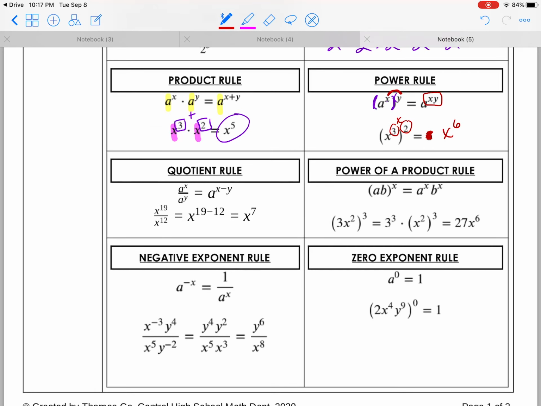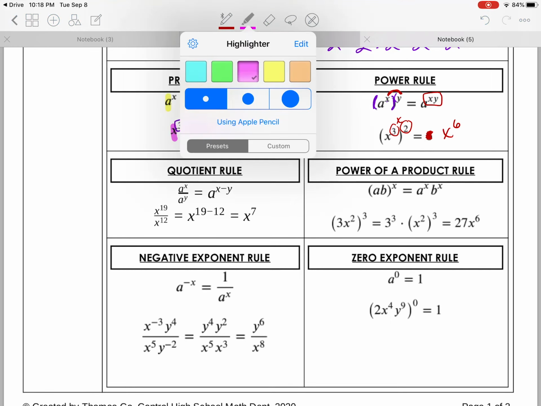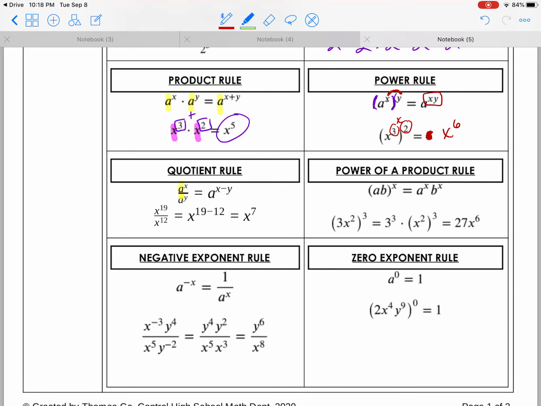The quotient rule: if I'm dividing two exponents, again like the product rule, they must have the same base. Here a and a. If they do have the same base and I'm dividing, then I'm going to take those exponents and subtract them.